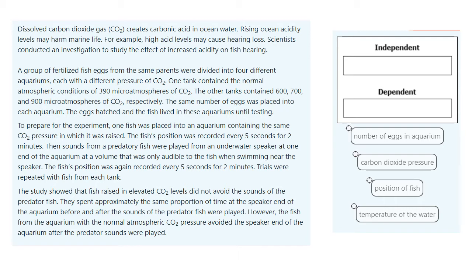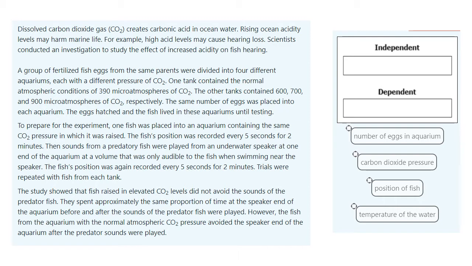Dissolved carbon dioxide gas, CO2, creates carbonic acid in the ocean water. Rising ocean acidity levels may harm marine life. Marine life just means water animals. For example, high acid levels may cause hearing loss. Scientists conducted an investigation to study the effect of increased acidity on fish hearing.